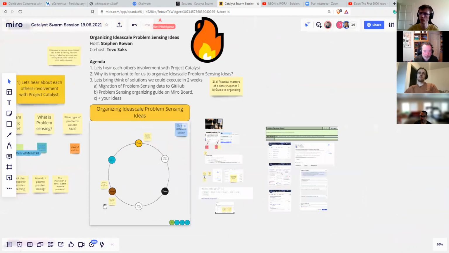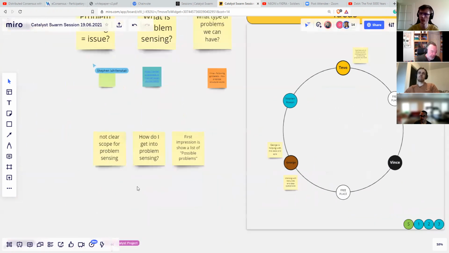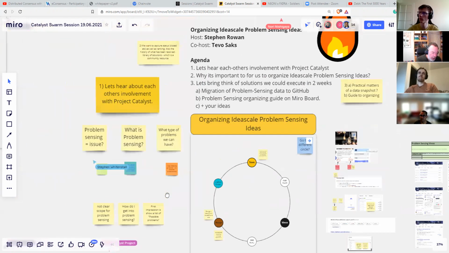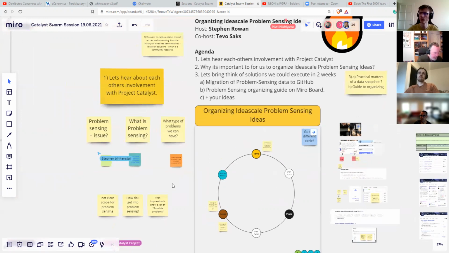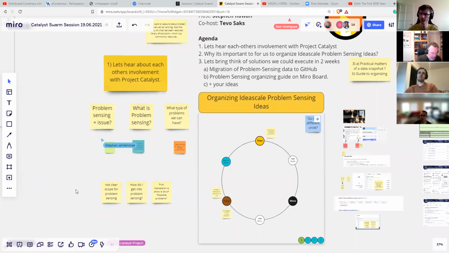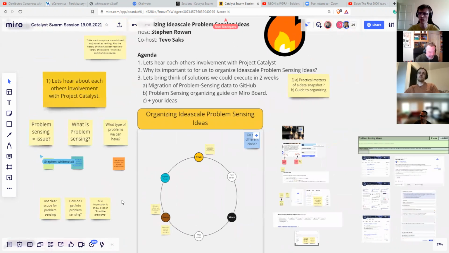So really, what I'd like to move on to is to think about, because those issues are again the kind of issues that you put on the suggestions, like what you said, Vince, about the user experience and how to find things out. Some people will put that on there and say, this is a problem with the user experience. What we're interested in is, first of all, could we use the data that is here?